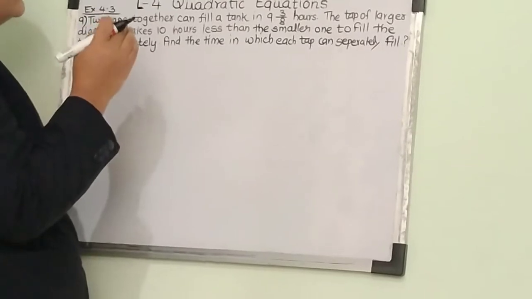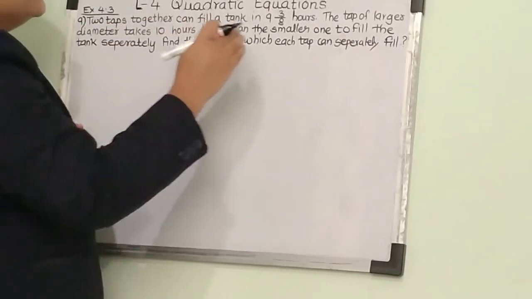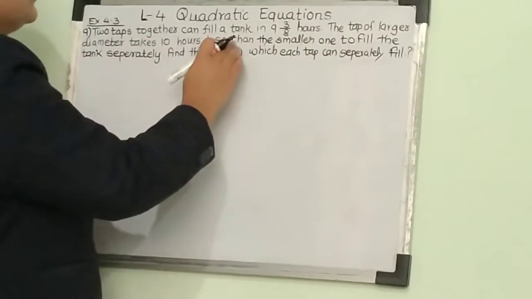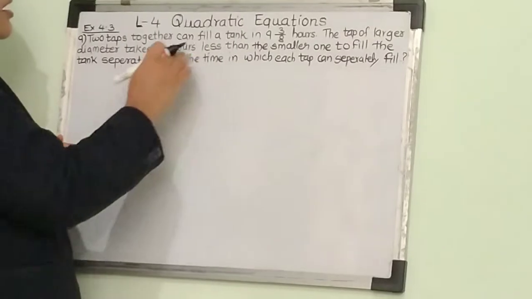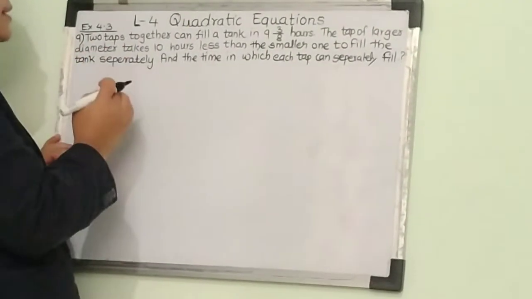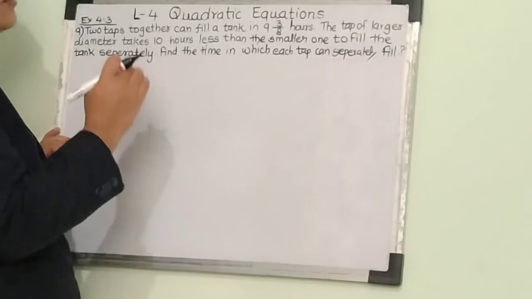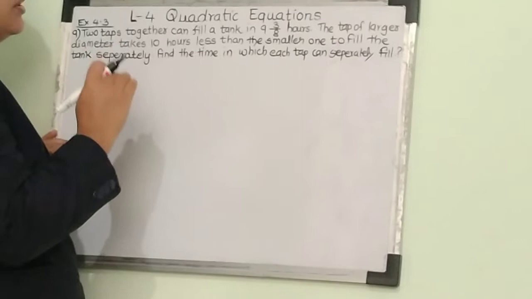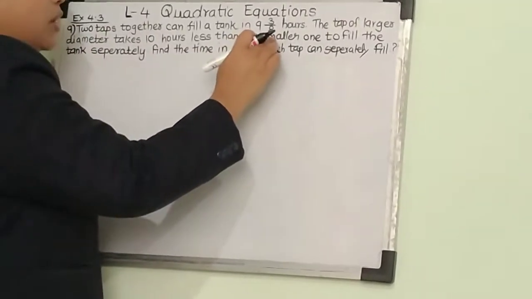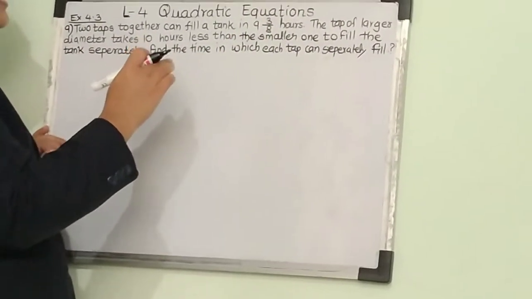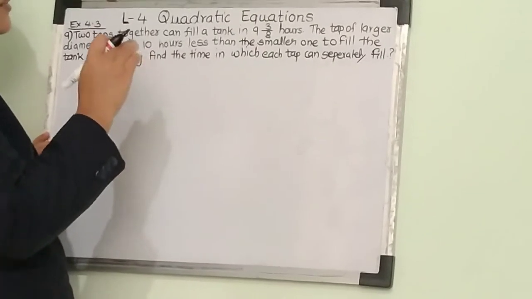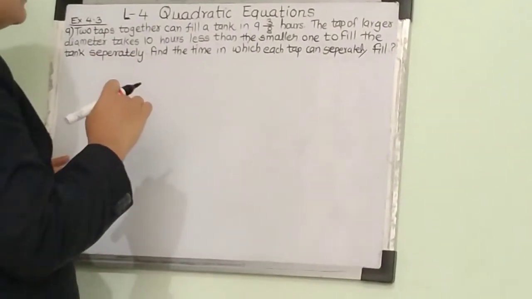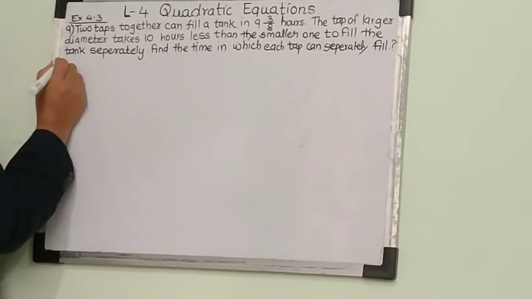So from this we conclude that the time required for the larger diameter is 10 hours less than the time required for the smaller tap. So we took here for the smaller tap, that is we are going to consider time required for smaller tap is x. So let us solve this word problem.